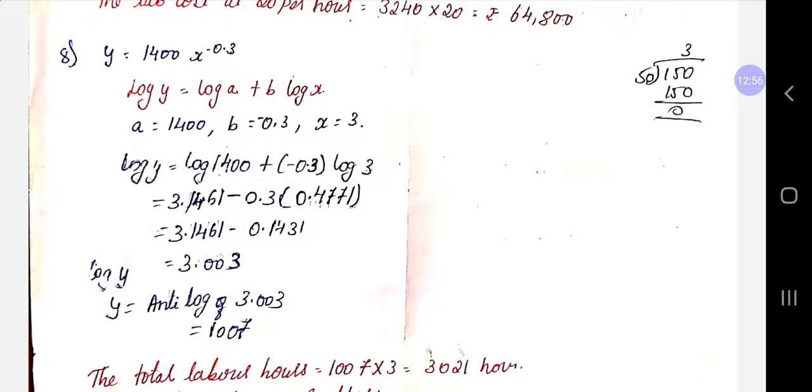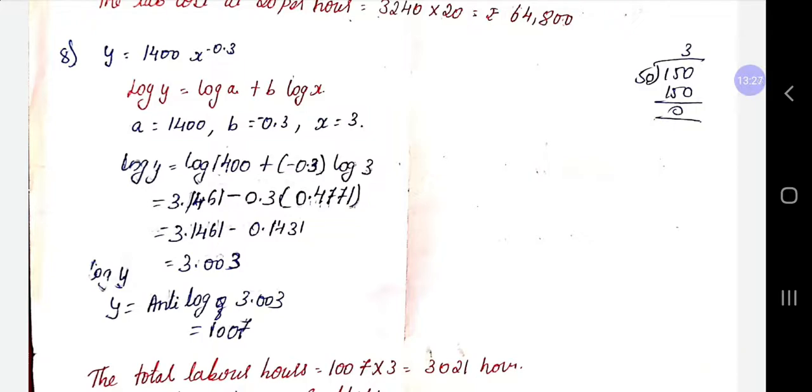The company was asked to bid on a new order of 100 additional units, and the labor cost of producing the additional 100 units is 20 rupees per hour.